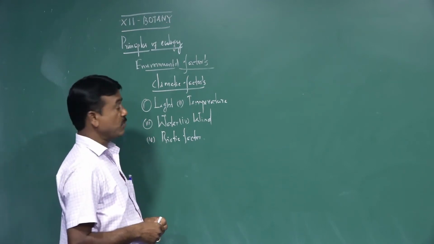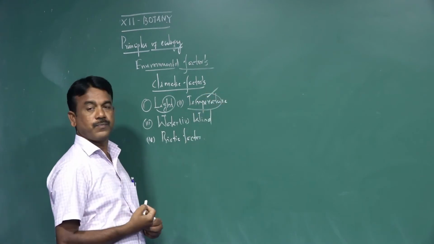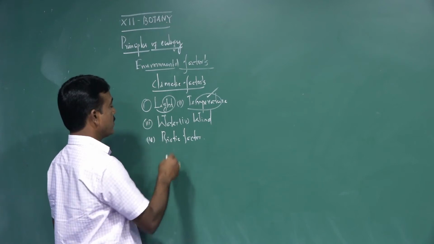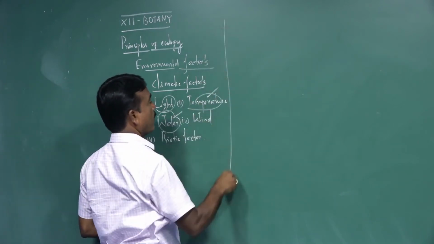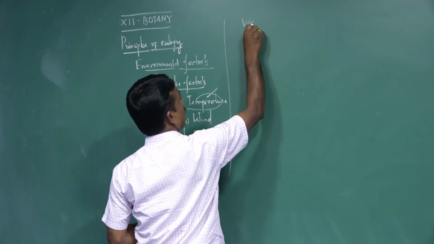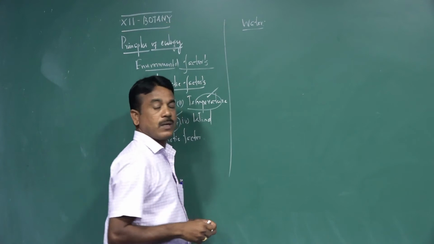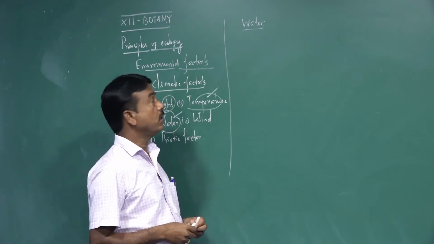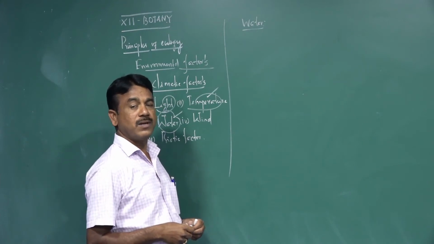In the last class we discussed light as well as temperature. Now I am going to discuss the third factor, commonly called water. Like light and temperature, water is also an important ecological factor.